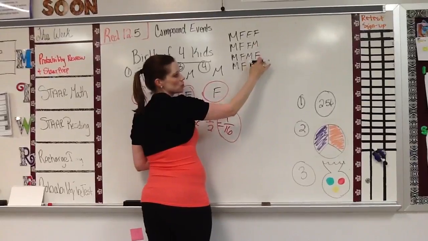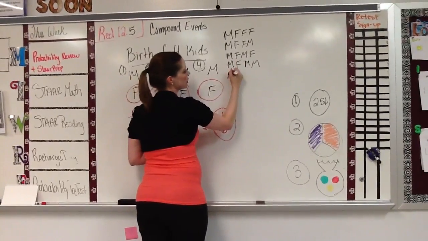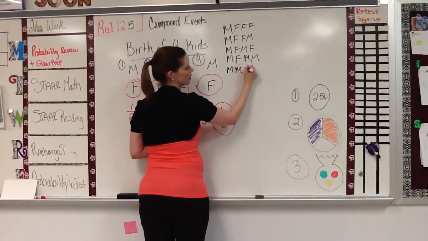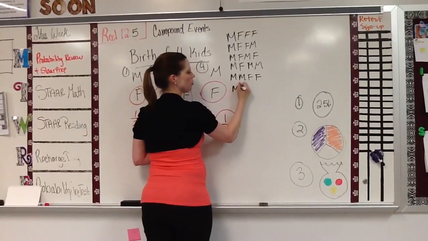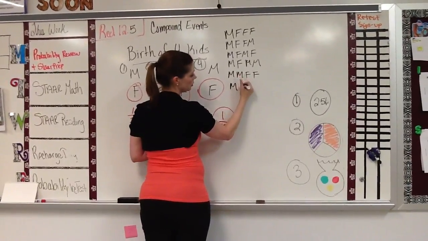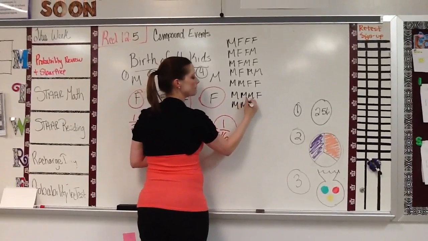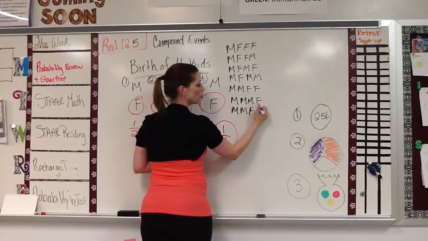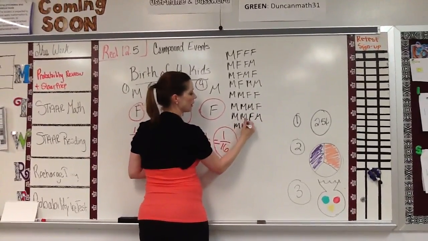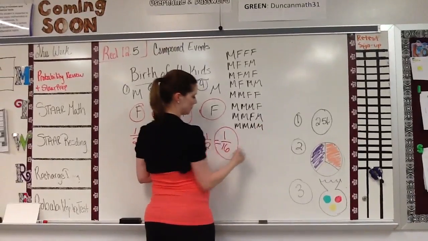Notice I'm changing the last one each time to make it easy. Then I can go boy, boy, girl, girl, boy, boy, boy, girl, boy, boy, girl, boy, boy, boy, boy.